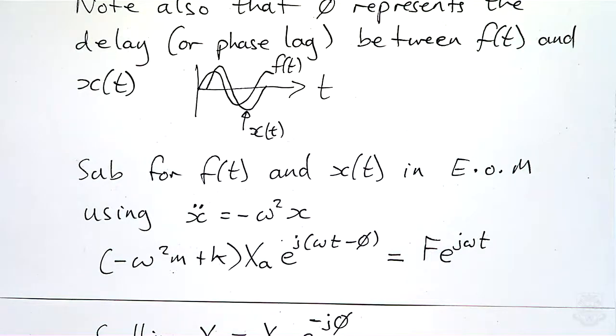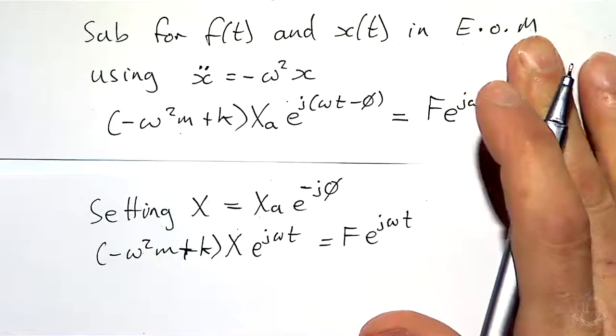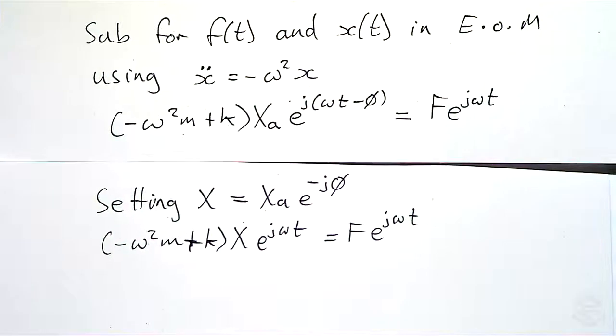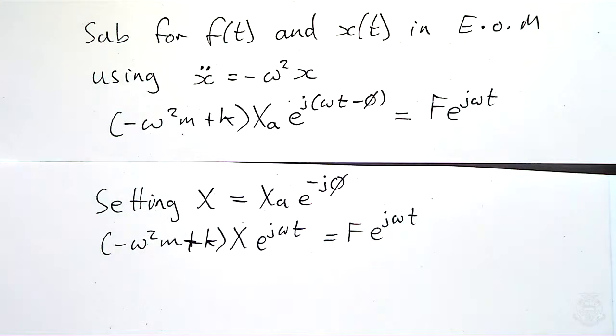Okay, so if we do that, then what we'll have is minus omega squared m plus k in the bracket, and then we have X e to the j omega t equals f e to the j omega t. Okay, so we're going to come back to this phi term in a minute. But that's just to show you how we can divide that exponential up, and then essentially we can divide out the e to the j omega t terms from both sides.